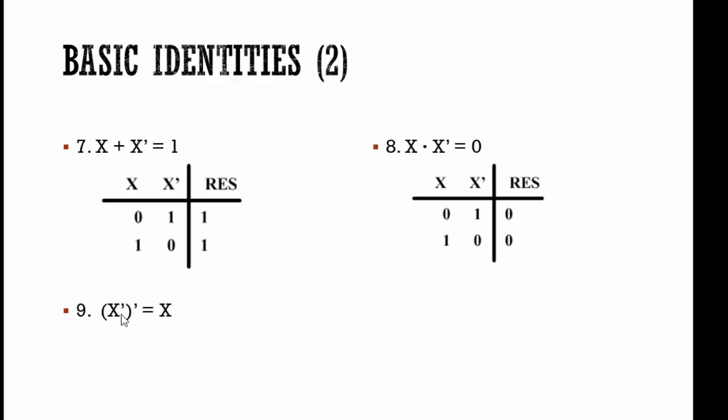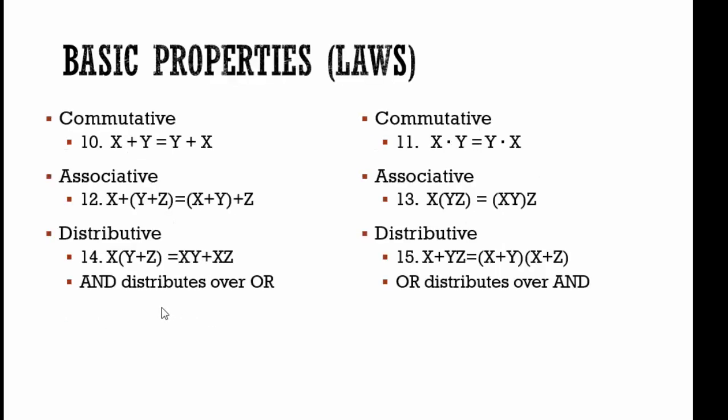So you complement and then complement again, or you negate it twice, so it cancels the negation. So you have the variable itself. Next, now we're going to talk about the basic properties. Remember, there's 10, 11, 12, 13, 14, 15.